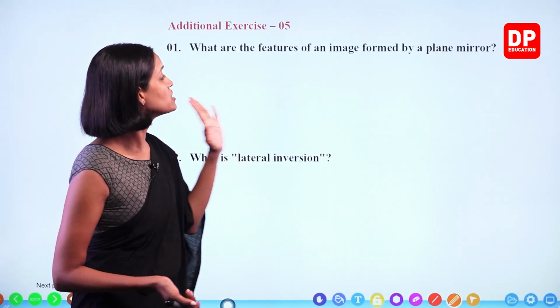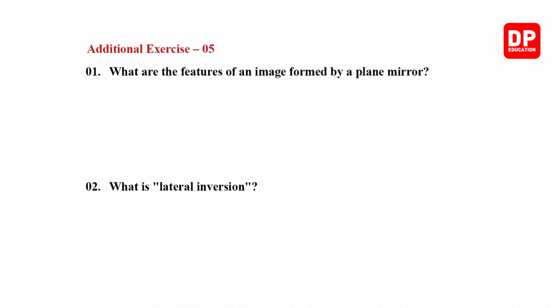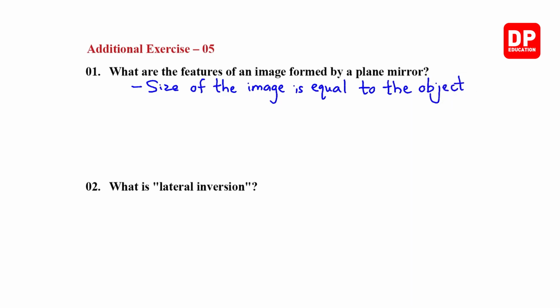There are five features. Let's write them. Size of the image is equal to the object. Then upright.